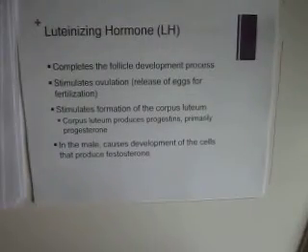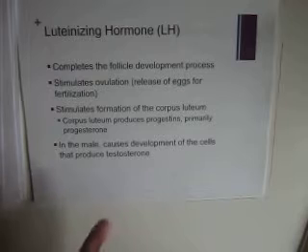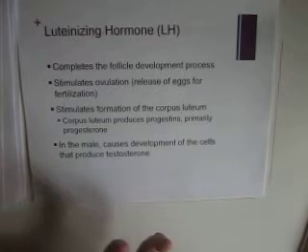The luteinizing hormone. This is what completes the follicle development process. The target is the ovary, and in the males it is the testes. In the female, it actually hits the follicle and what we call the corpus luteum.